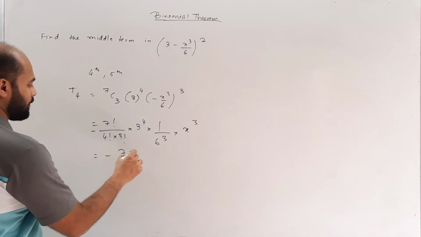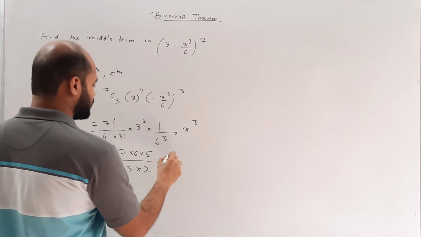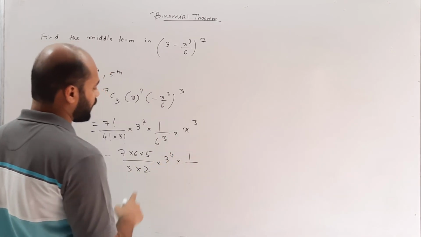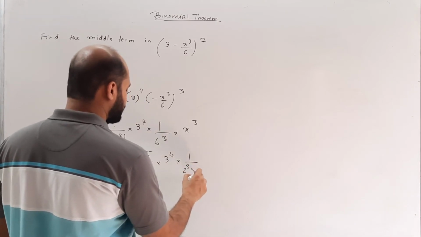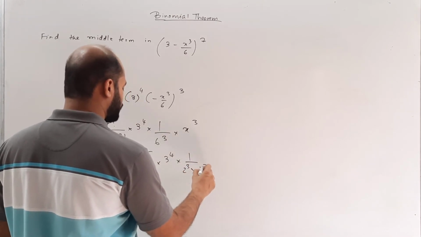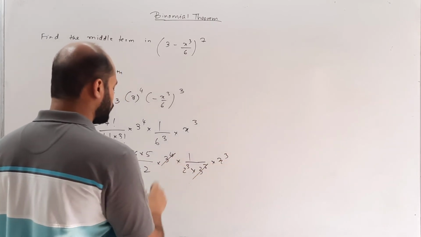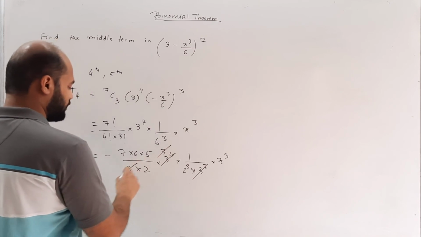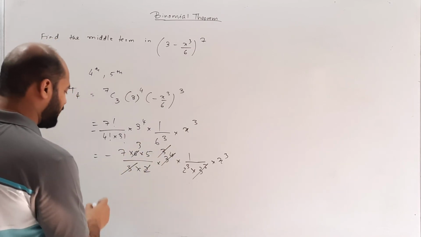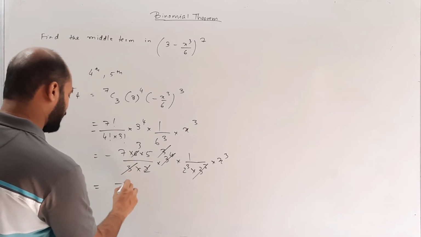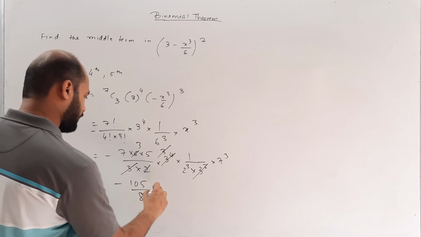So minus 7 into 6 into 5 divided by 3 into 2 into 3 raised to 4 into 1 by 6 raised to 3. That is going to be 2 raised to 3 into 3 raised to 3 x cube. So 3 raised to 3 and 3 raised to 4 go, this 1 3 and 1 3 go. 2 3s are 6, and ultimately what we get is minus 105 by 8 x cube.